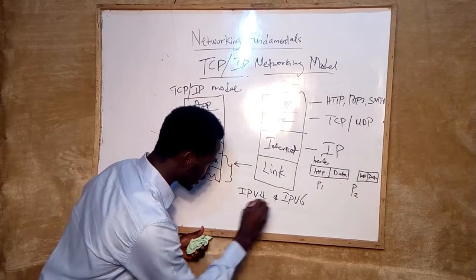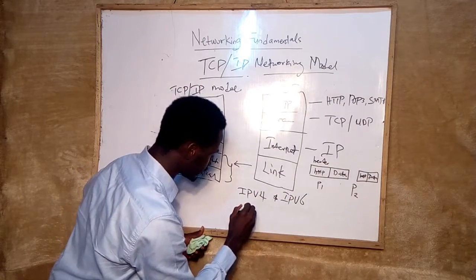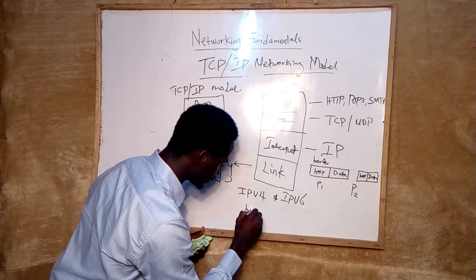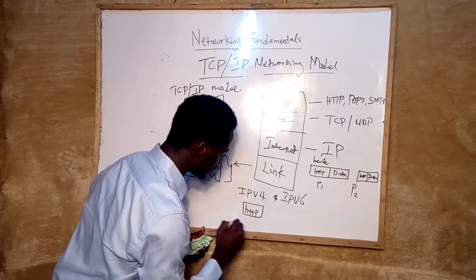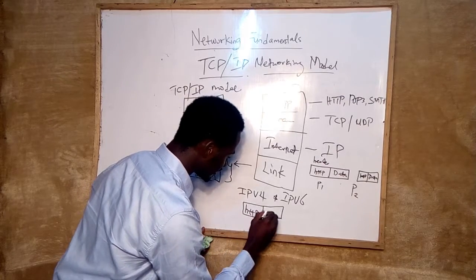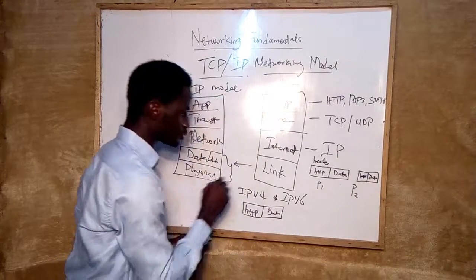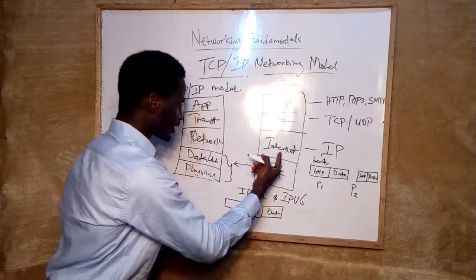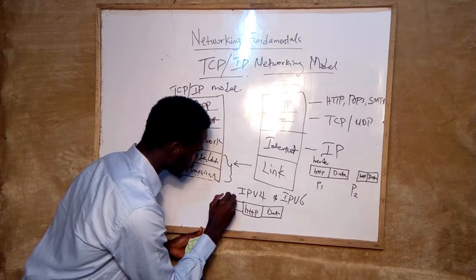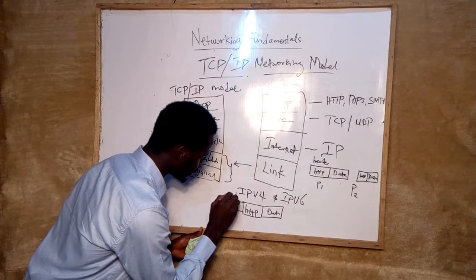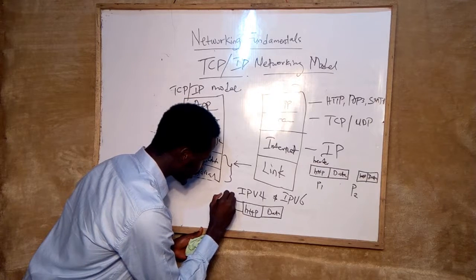So we have transport layer data, which is HTTP. This is the header in the transport layer, and this is the data. When it gets to the internet layer, an additional header is included in the network layer, which is the IP, which is the IP address.